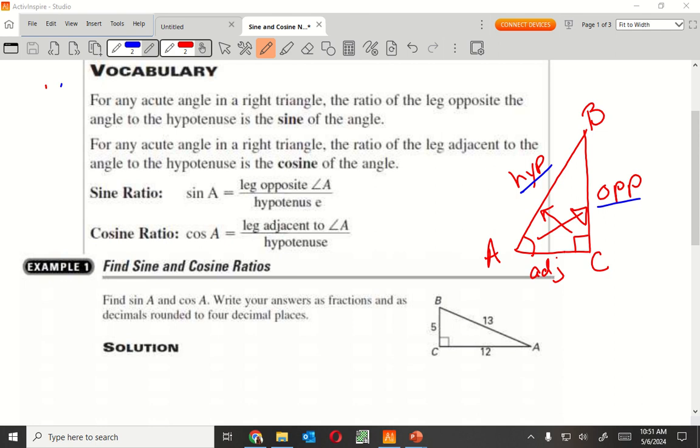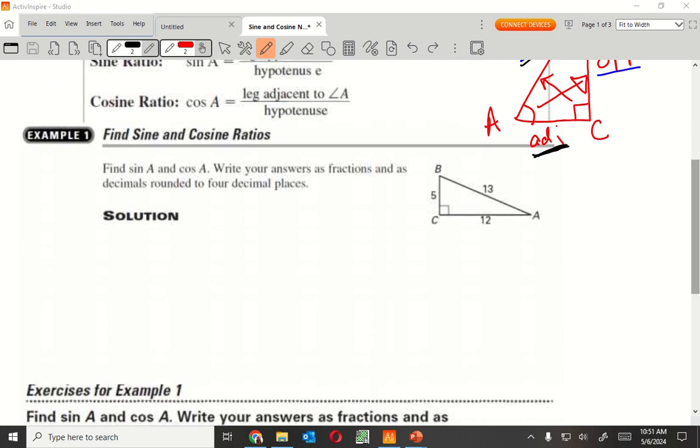Now, for the cosine, it says adjacent. So from A, adjacent is here, divided by hypotenuse, which is here. Make sense? So all we are doing is finding those numbers in my triangle and writing it out. Sine of A and cosine of A.